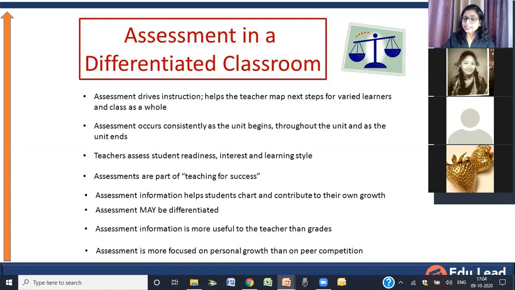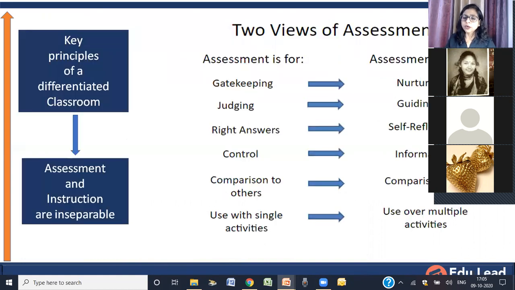I think quite a few are already aware of how assessments can be differentiated. Assessment information is more useful to the teacher than grades, and assessment is more focused on personal growth rather than on peer competition. Okay, so assessment in a differentiated classroom has a different purpose altogether. And basically that's what we are talking about, assessment for learning.